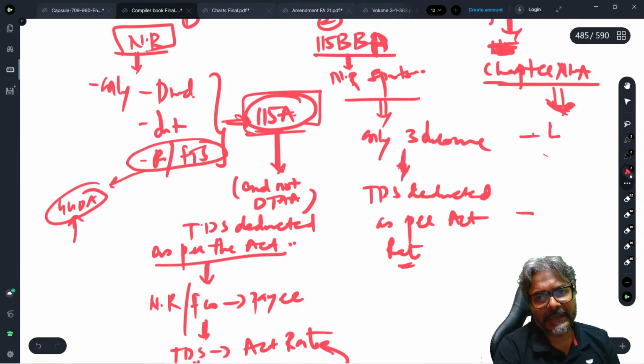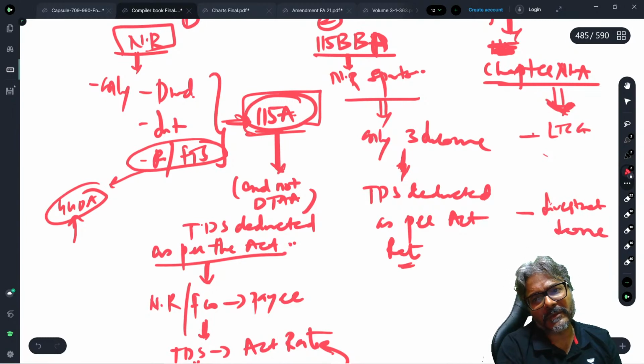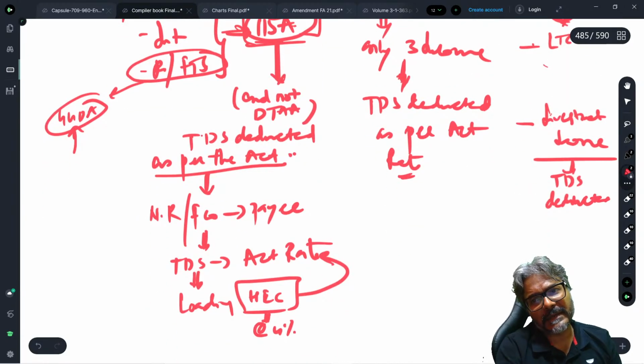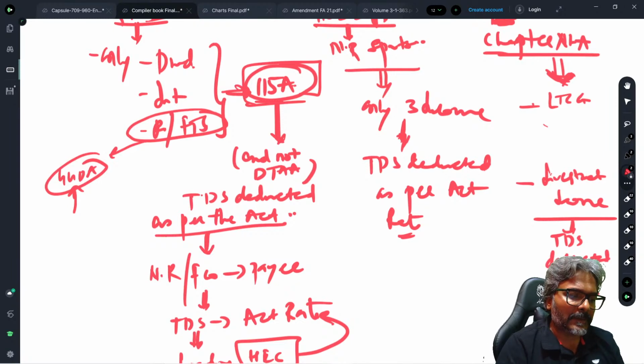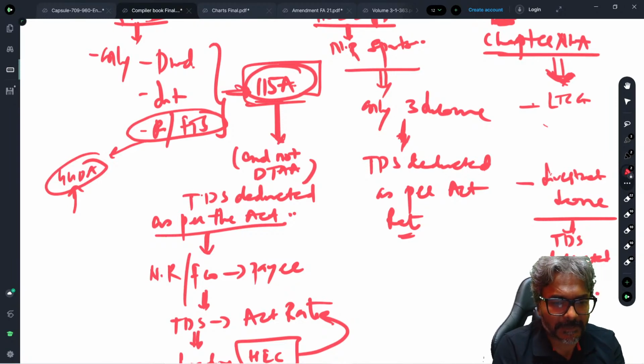Which income? The LTCG and the investment income of chapter 12, and the TDS has been deducted as per the Act rate. Again the Act rate, everywhere Act rate, only then you will get the exemption. Then in that case also the exemption is applicable.